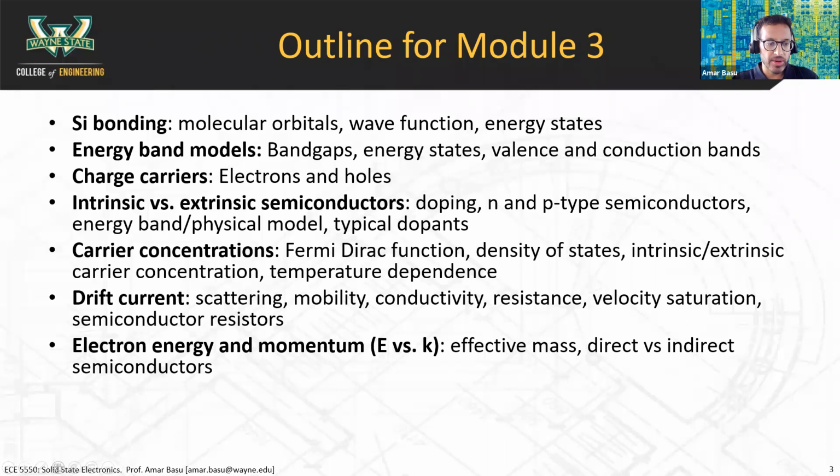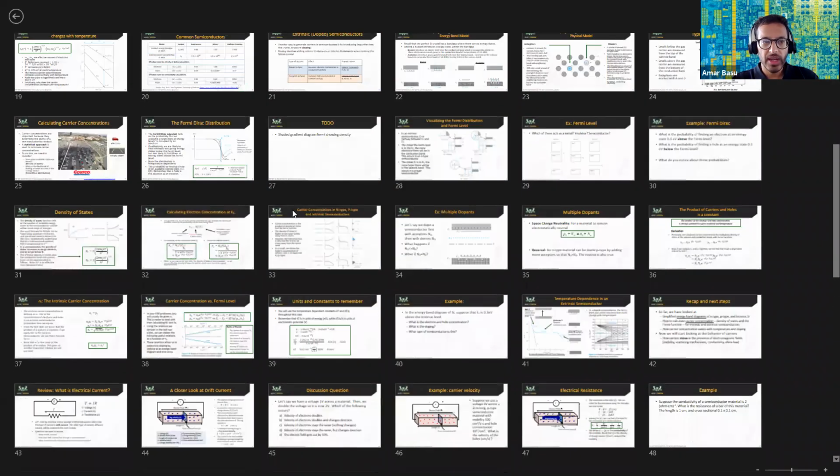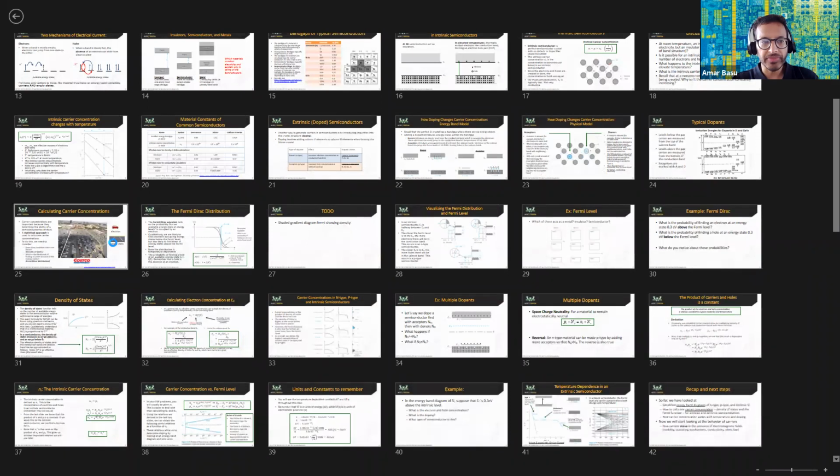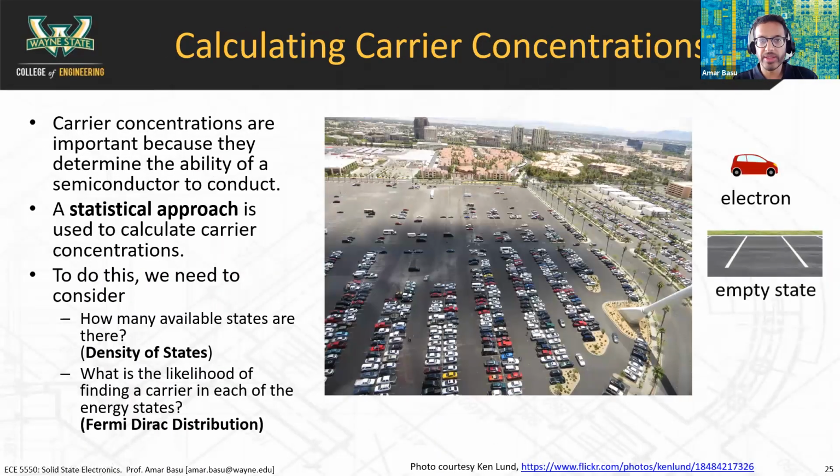So what I'd like to start off with is to rehash the Fermi function real quick, and then we'll do an example problem. When we're doing carrier concentrations, the way that I like to think about it, as a tongue-in-cheek example, is a parking lot. The cars in the parking lot represent electrons, and the parking spaces represent empty states.